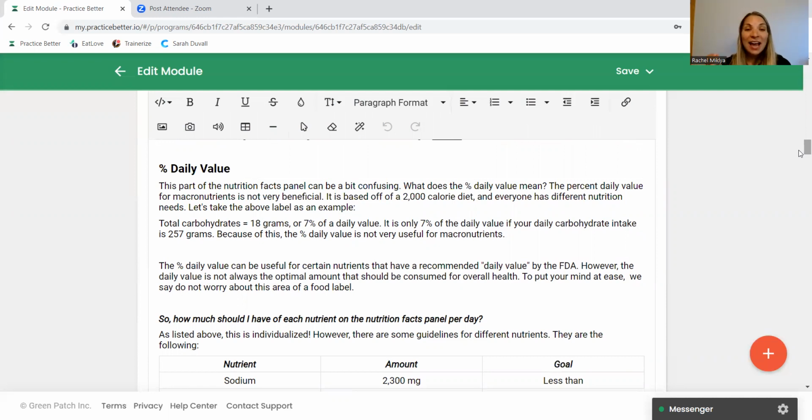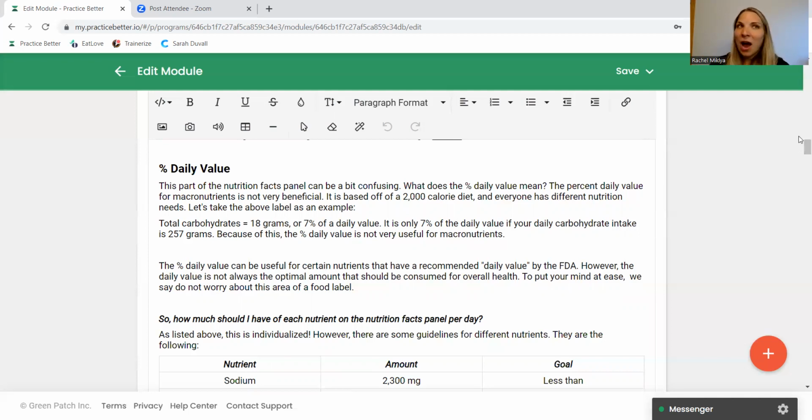Let's say it's total carbohydrates, and there's 18 grams of something within a food product, and on the side it says 7%. That means that food item is 7% of your total daily carbohydrate intake for a 2,000 calorie diet. So that's why it's not very helpful to look at the percent daily value.